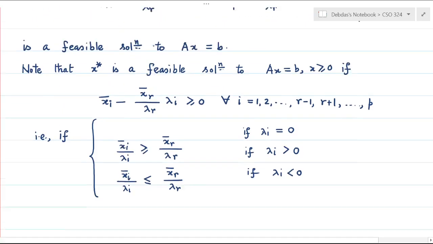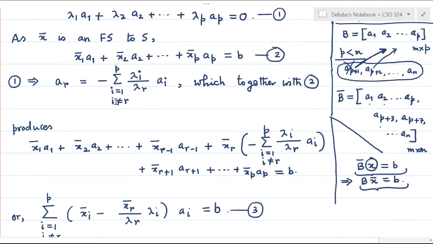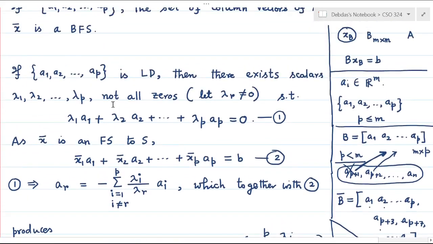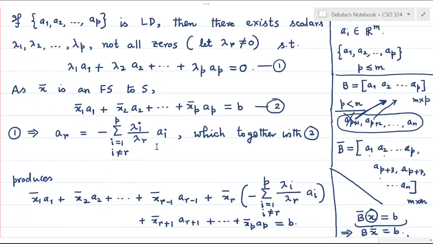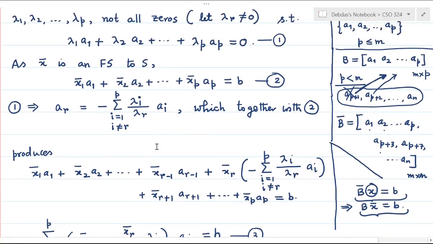Because here notice that you have chosen one r such that lambda_r is not equal to 0, and you can vary this r. If there exists only one lambda_r which is not 0 and the rest of them are all 0, that will not be possible.